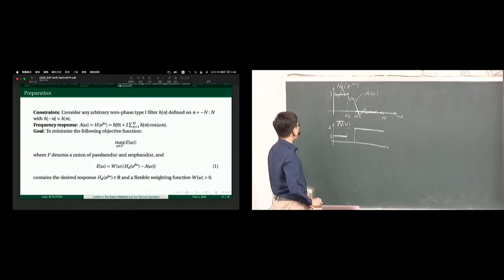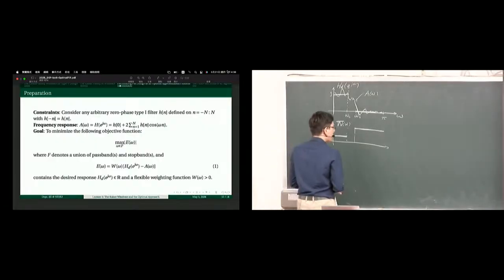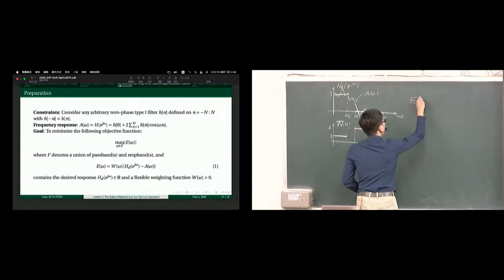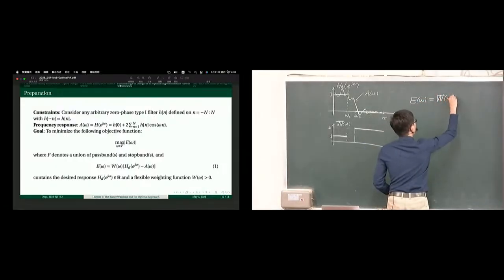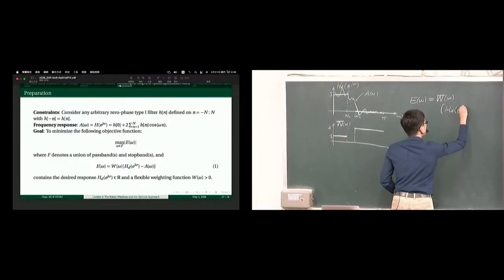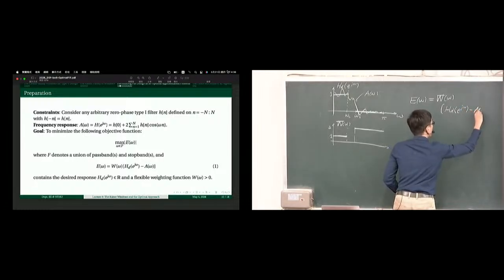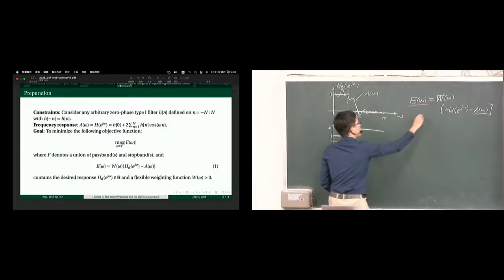Then E, the error function, is weighted, taking the difference between HD and our design. So for each design, we can calculate this as a function of frequency.